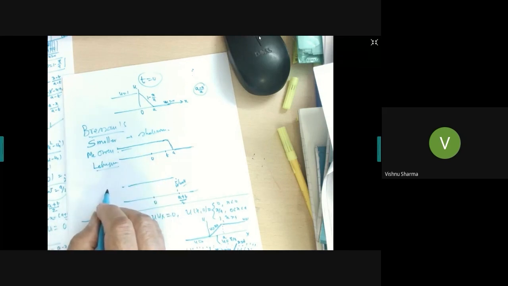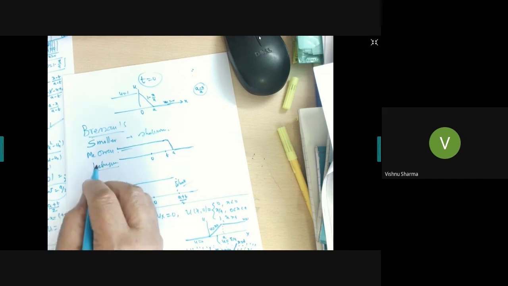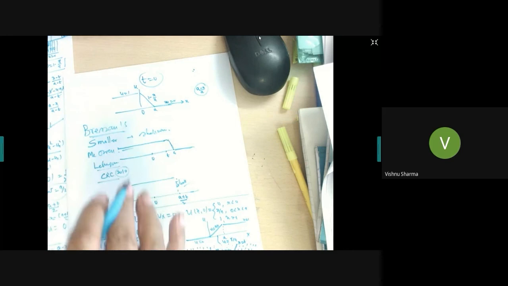R.J. LeVeque, and there are some other books. I have also written a book, CRC Press, 2010. This also deals with similar stuff.